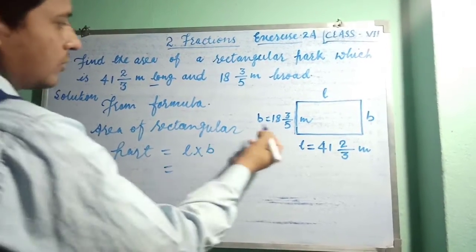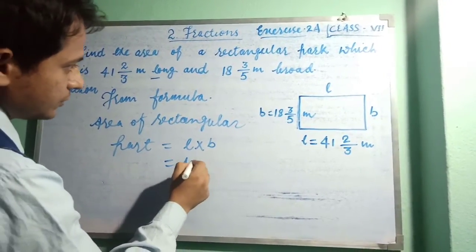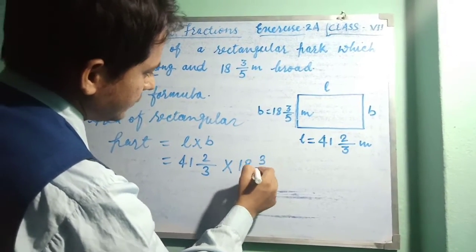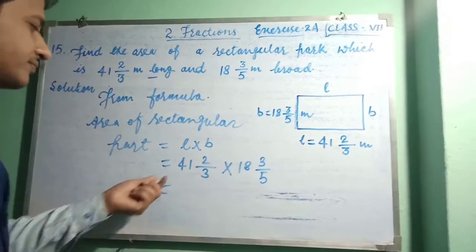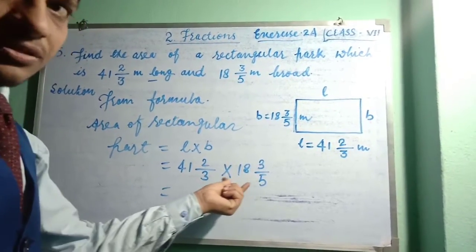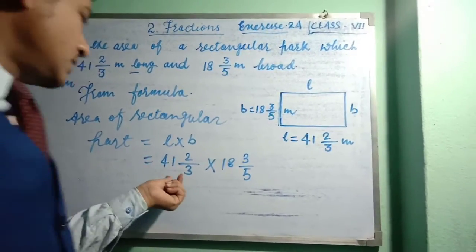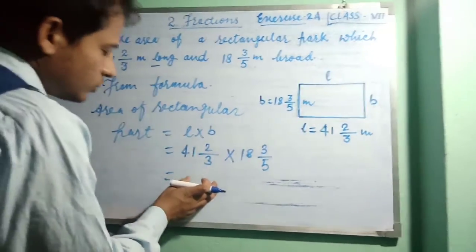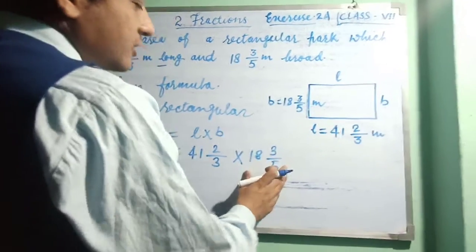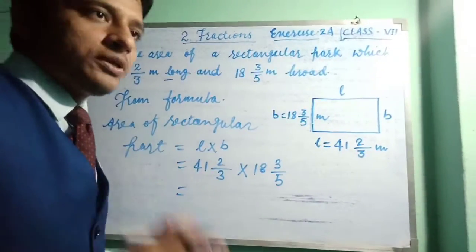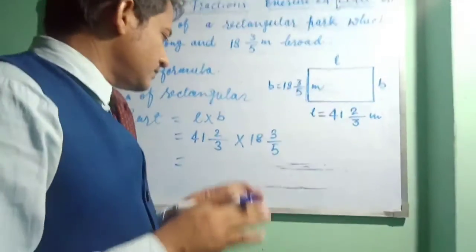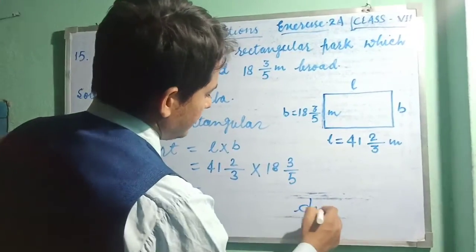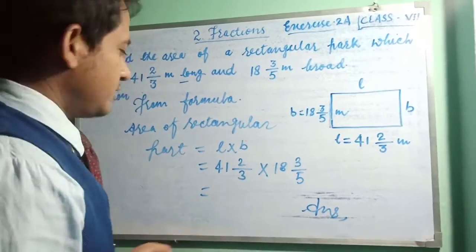Now write the length: this is 41 2/3 multiplied by 18 3/5. First of all, we have to turn these mixed fractions into improper fractions, then multiply numerator by numerator and denominator by denominator, and you will get the answer. Okay, I hope you can do it.